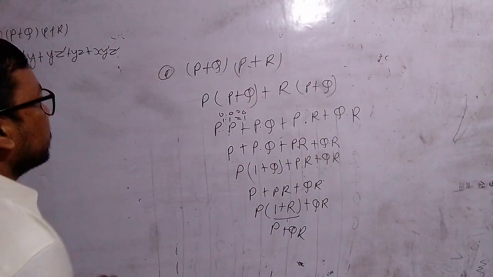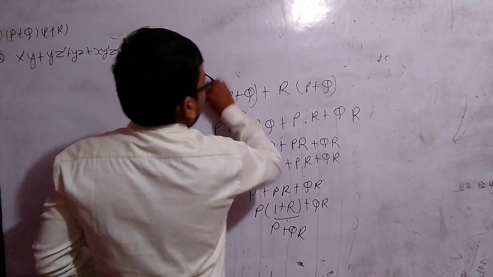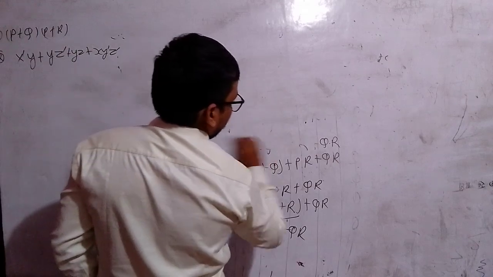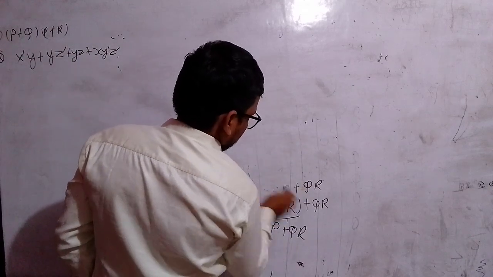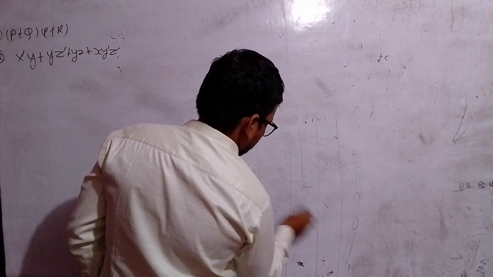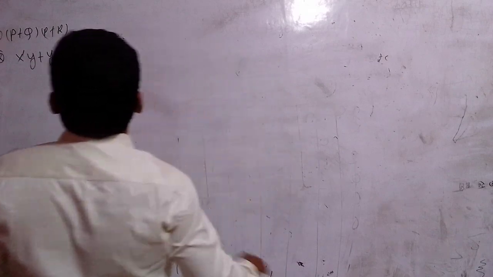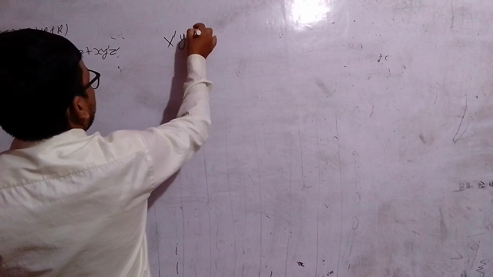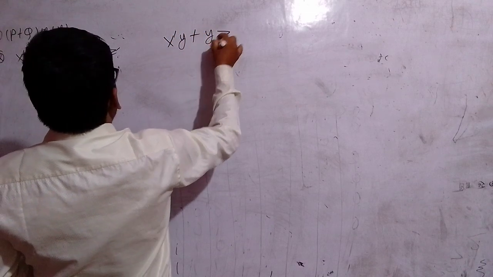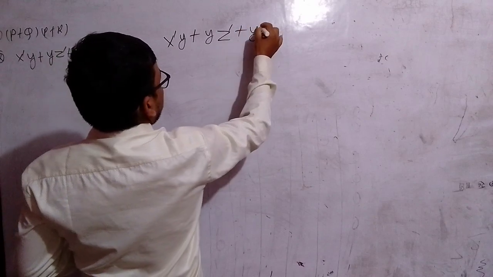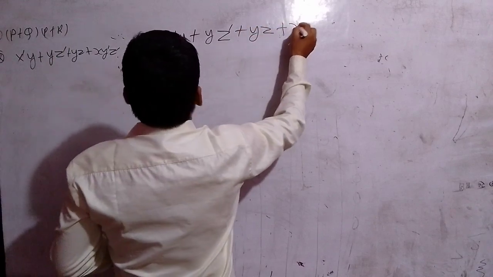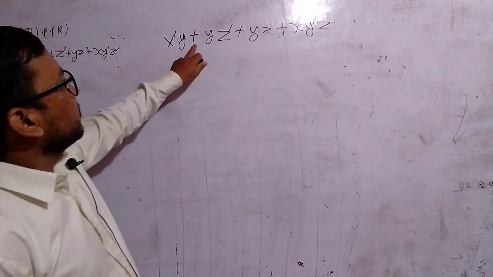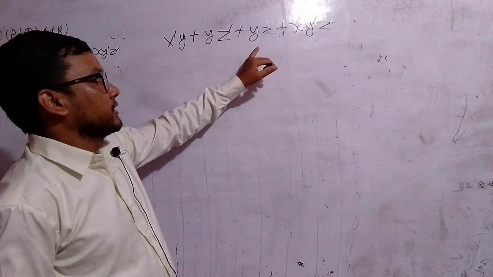Now let's take a more complex expression: X dash Y plus Y Z dash plus Y Z plus X Y dash Z. Here plus means the OR operation in all cases.